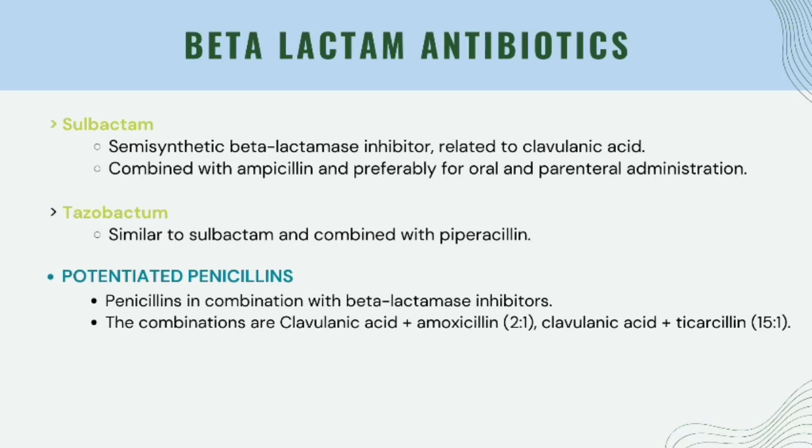Last is tazobactam. It is similar to sulbactam and combined with piperacillin. Next are the potentiated penicillins. These are penicillins that are combined with beta-lactamase inhibitors. The combinations are clavulanic acid plus amoxicillin, in a ratio of 2:1, and clavulanic acid plus ticarcillin, with a ratio of 15:1.